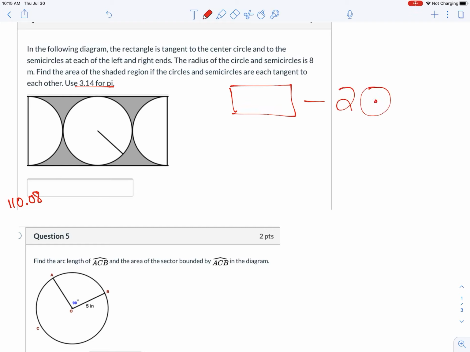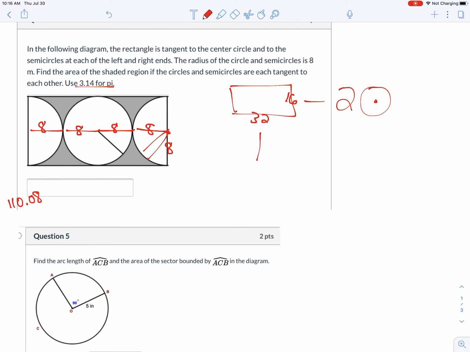The radius is 8, and that means this rectangle is 16 high, and then the radius can swing here, here, and across, so we're looking at essentially 4 radii long, which is 32.